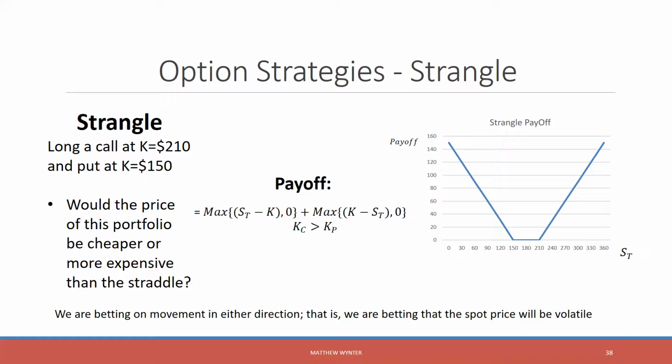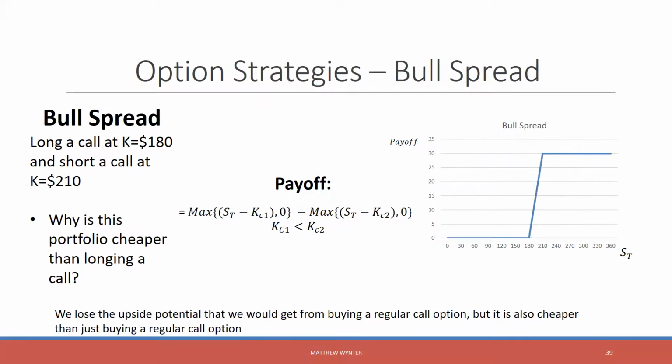So why would we expect this to be cheaper or more expensive than our straddle? Well, we're taking a very similar investment strategy to our straddle, but we're using different strike prices. So in this case, we would expect it to be cheaper than our straddle because it has a lower expected payoff than our straddle investment idea.